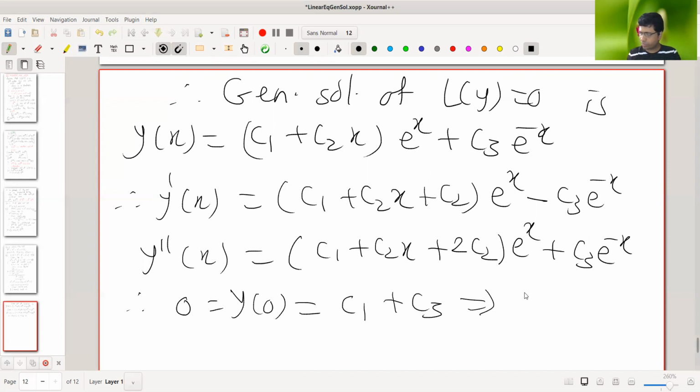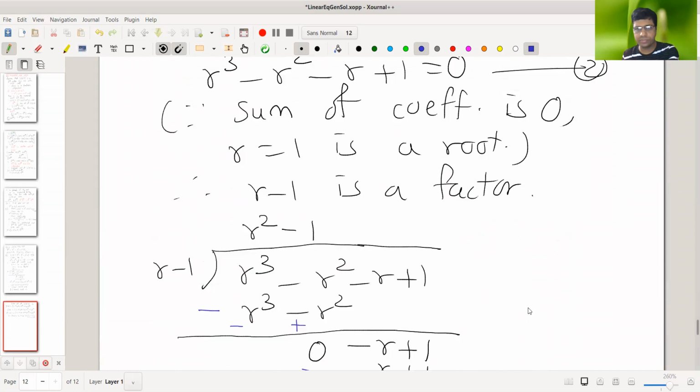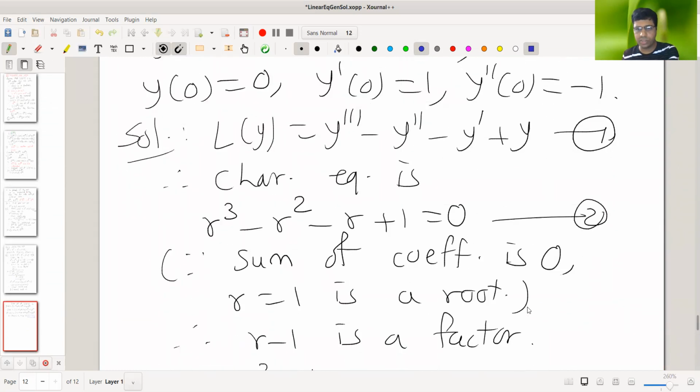This gives a relation between C1 and C3. So C1 is minus C3. This is one relation. We call this number 3.